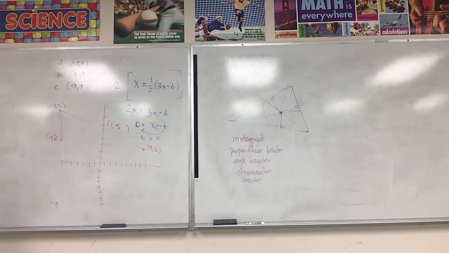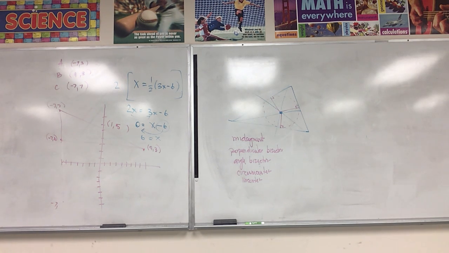Number 18, Lauren, what's the value of X? 5. Roy, what is TW? 10. And Elon, what's WZ? It'd be 15.